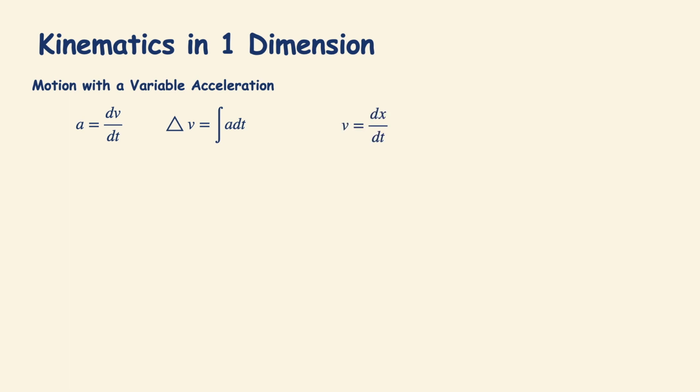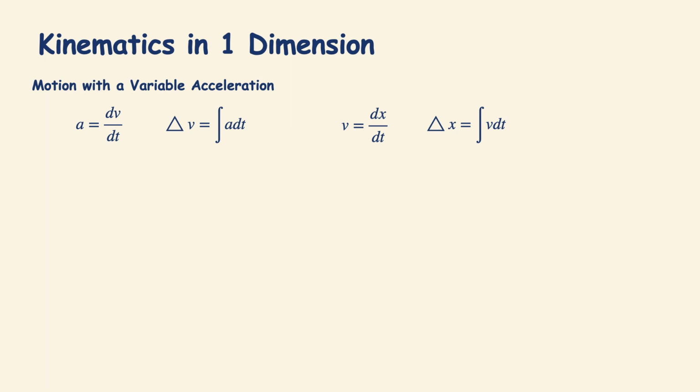Similarly, v was the derivative of x with respect to time, and so the change in the position will be the integral of v dt. I have not included examples in this course that require calculus to get the solution of the problem. So I'm again putting this out there for students who are familiar with calculus and would like to see where the calculus is in physics.